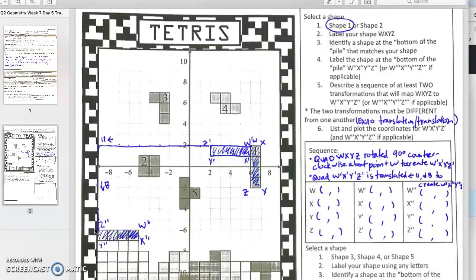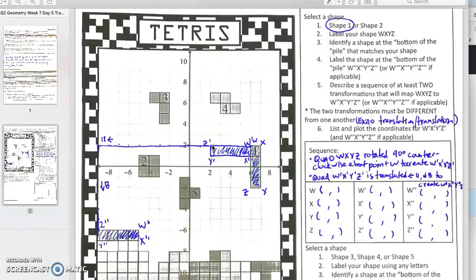So the sequence that I chose was quadrilateral WXYZ is rotated 90 degrees counterclockwise about point W to create W prime, X prime, Y prime, Z prime. So I showed here, I drew it in. This is my intermediary quadrilateral, W prime, X prime, Y prime, Z prime.